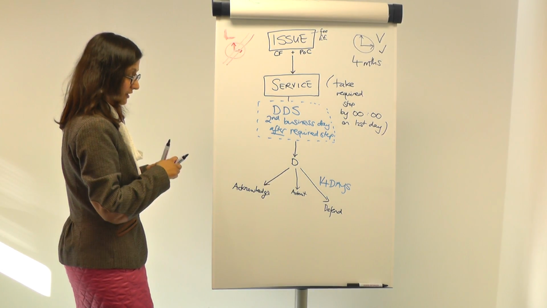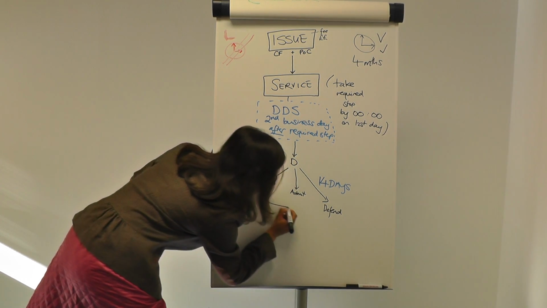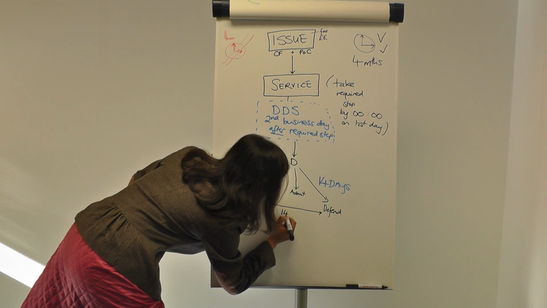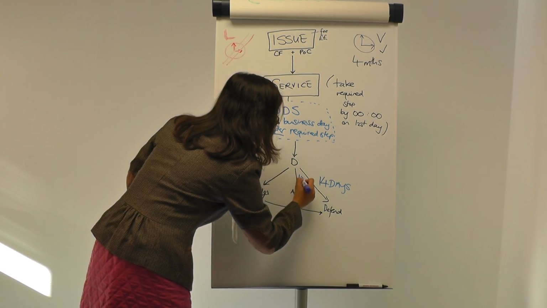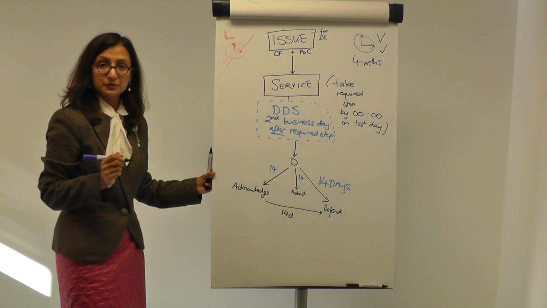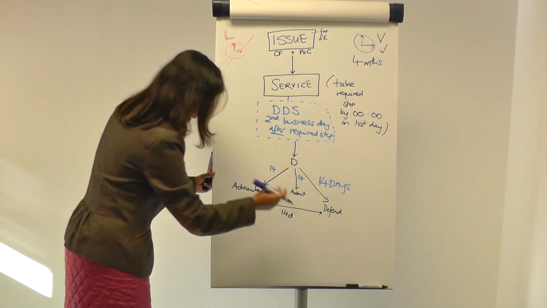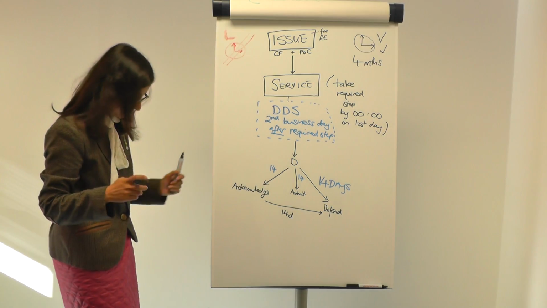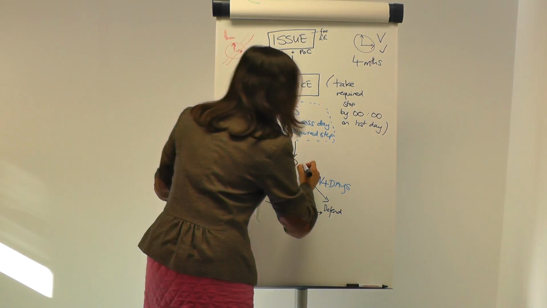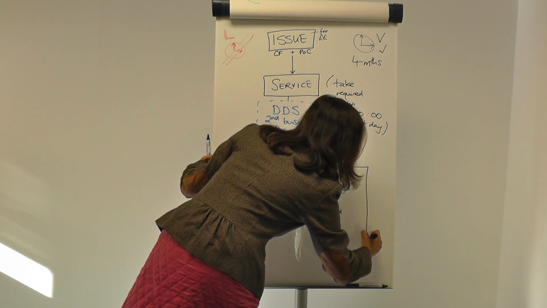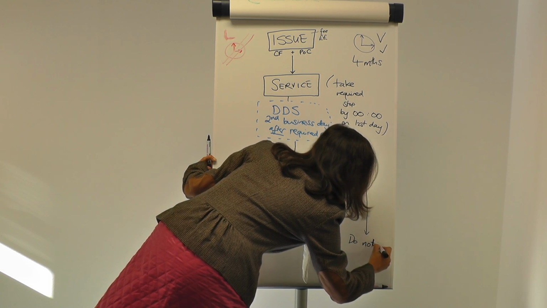But the advantage, if they acknowledge, is that they buy themselves another 14 days in which they can defend. So if you want, you can put a little 14 next to each arrow to remind you of the amount of time that you have. And this is the option that buys you the most time. Of course, there is one final choice that is available to the defendant, and that is to do nothing.